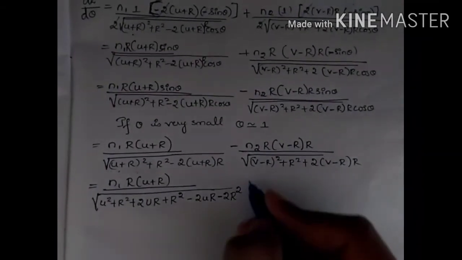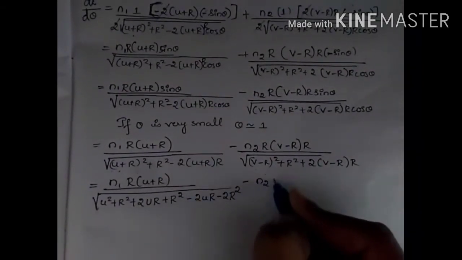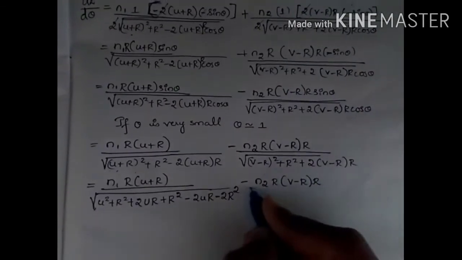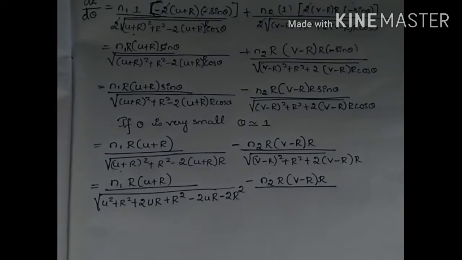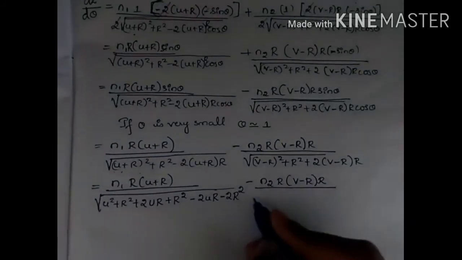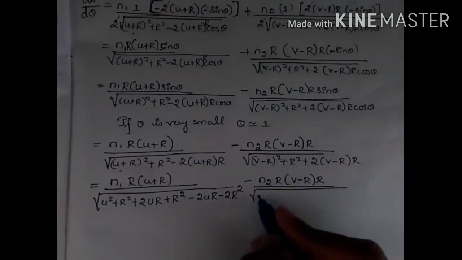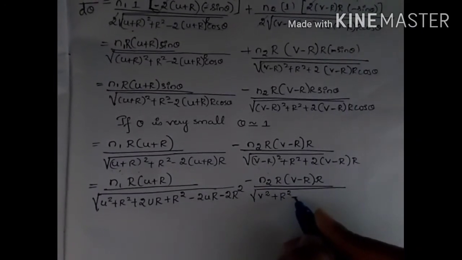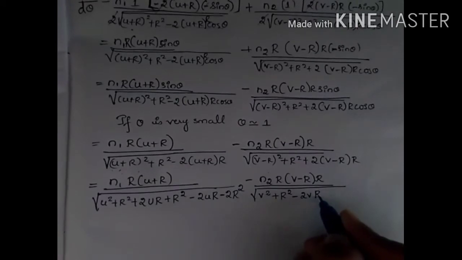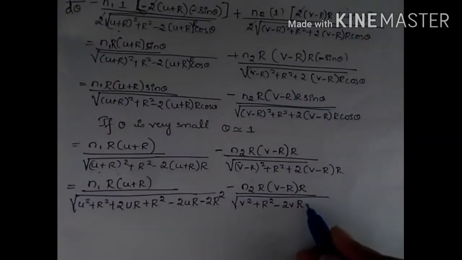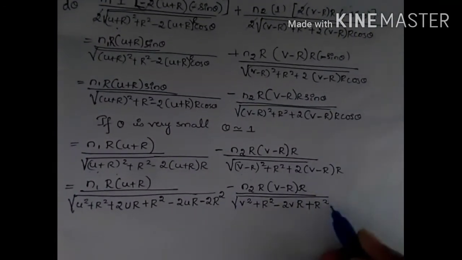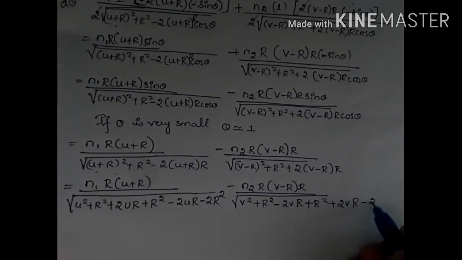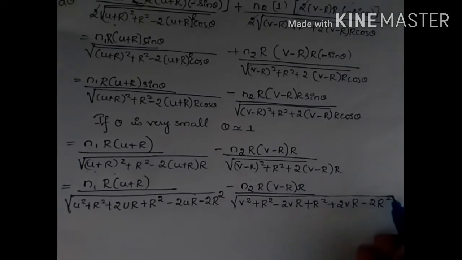Now similarly, for the second term, n2 r (v minus r) multiplied by r divided by v square plus r square minus 2vr plus r square plus 2vr minus 2r square.